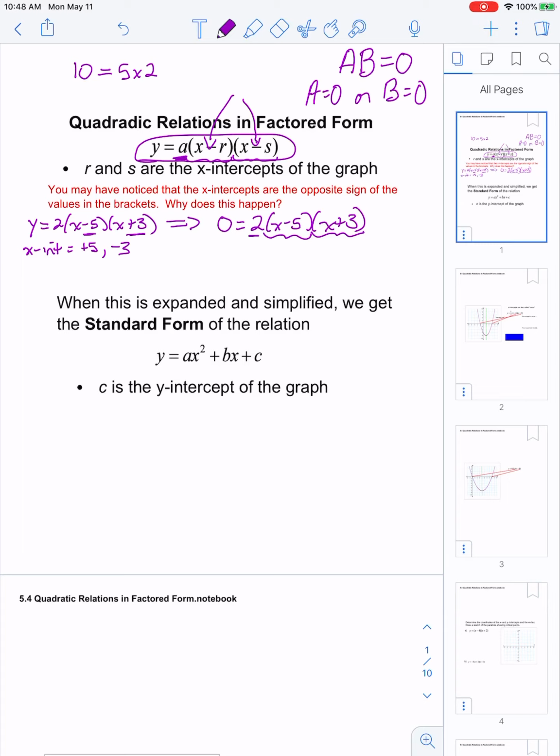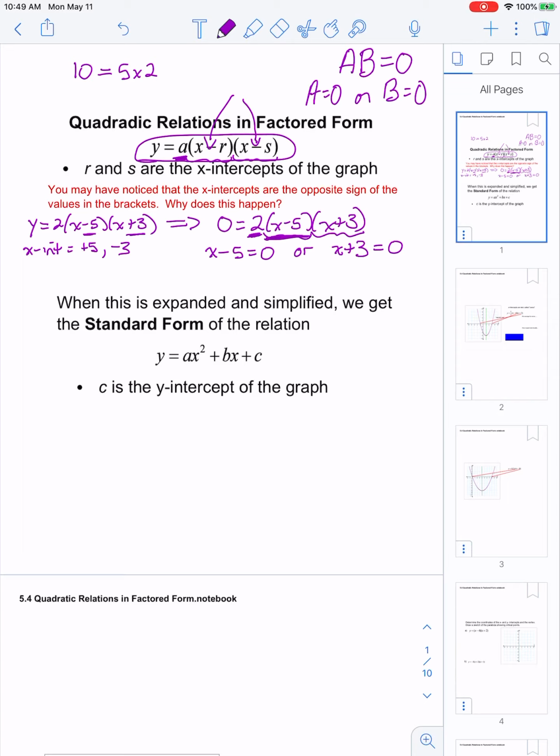Try and find two numbers that aren't equal to 0, and when you multiply them together, you get 0. You can't. So that means that either 2 has to equal 0, which it does not, or x minus 5 has to equal 0, or x plus 3 has to equal 0.